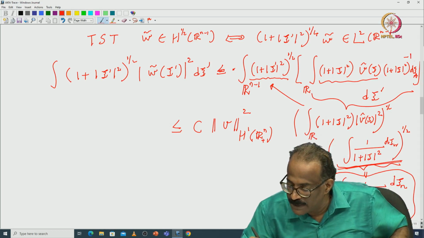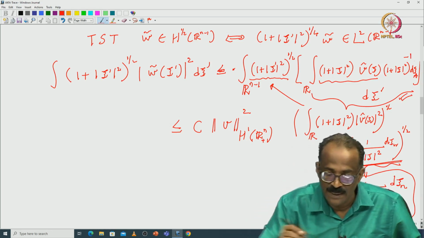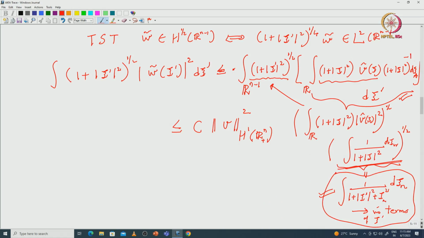So do this calculation, applying just the Cauchy-Schwarz inequality, and you will get that. That implies the norm of V x prime 0, which is the H half norm in H half of Rn minus 1, is less than or equal to a constant times the norm of V in H1.